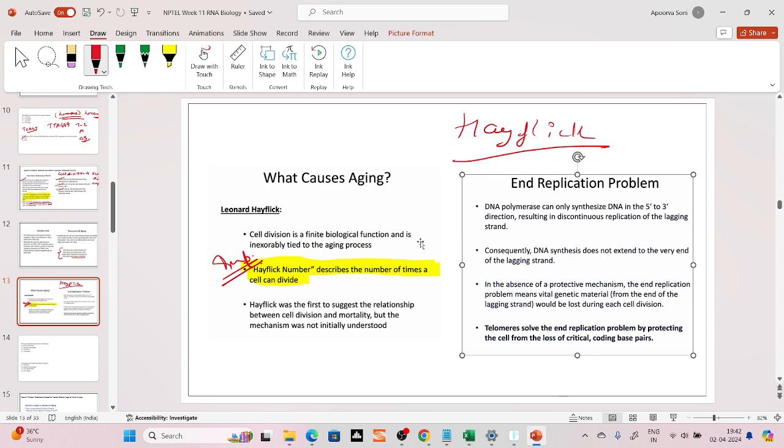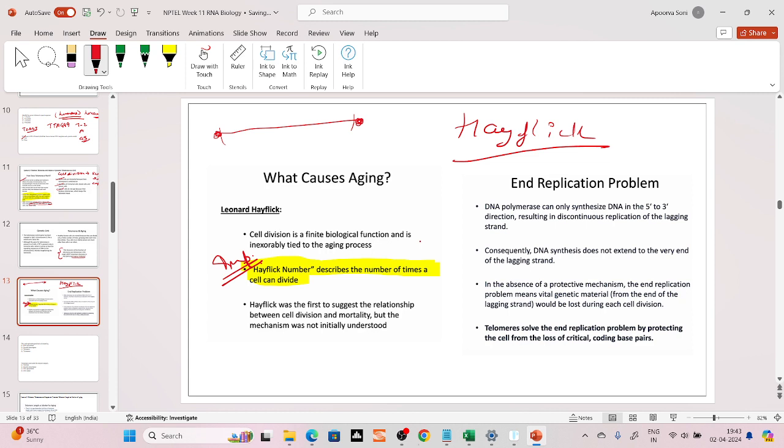So DNA synthesis cannot occur at the end of the lagging strand. The ends of the lagging strand get shortened with each round of replication, and this is known as the end replication problem.